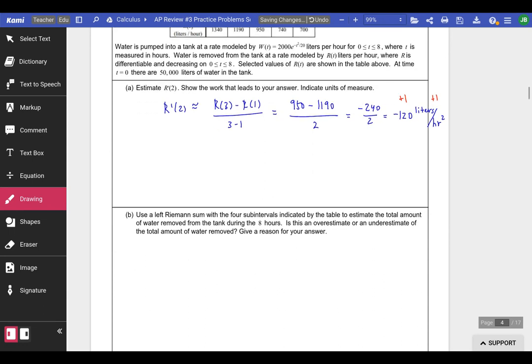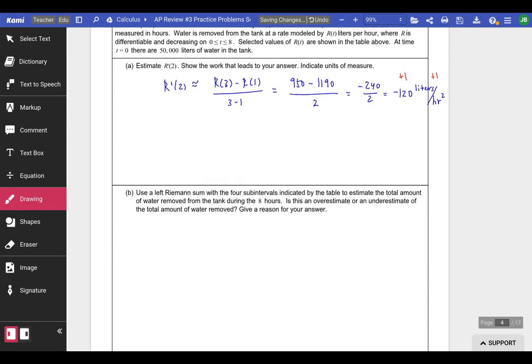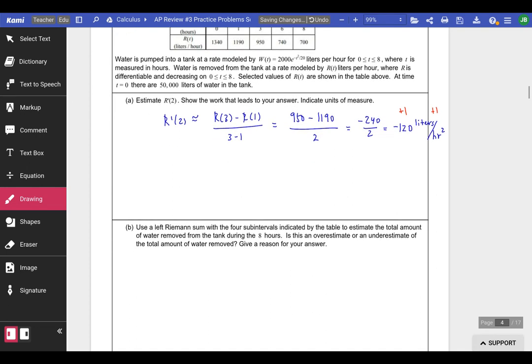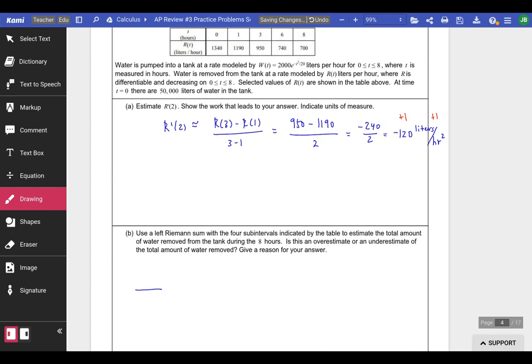All right, now part B says to use a left Riemann sum with the 4 subintervals indicated by the table to estimate the total amount of water removed from the tank during the 8 hours. All right, so left Riemann sum, we know how to do real well by now. So from 0 to 1, 1 to 3, 3 to 6, and 6 to 8.